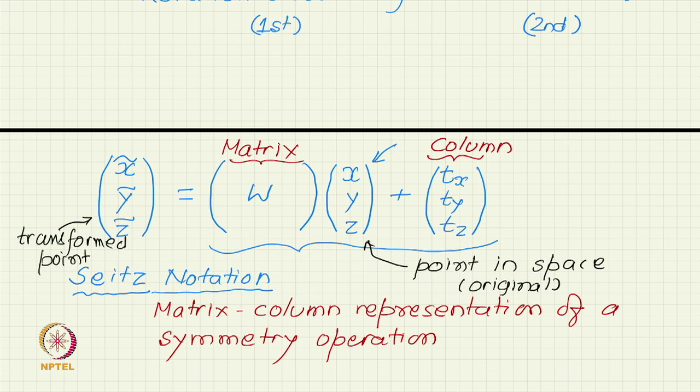So, we should not think of them as Miller indices, although you can also talk about what the transformation is doing to a given direction, Miller indices.